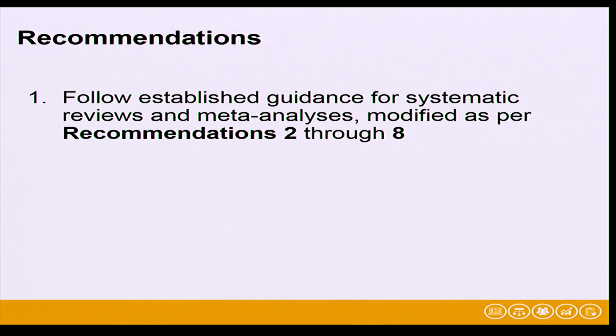Now, that being said, the recommendations draw on a large number of recommendations that have already been put forward for systematic reviews and meta-analysis that are being modified or qualified based on the conceptualizations that I alluded to already. So, for example, recommendation 2 says that whoever does the evidence synthesis and the modeling should coordinate, which is immediate.